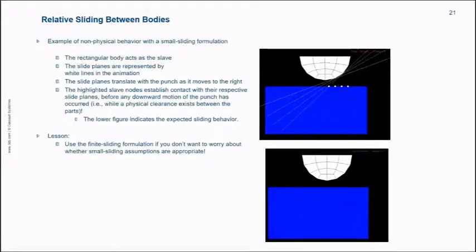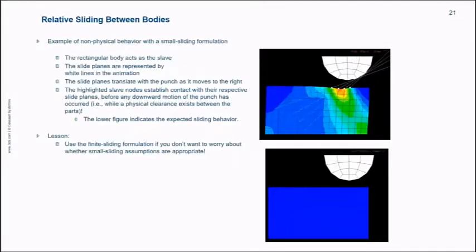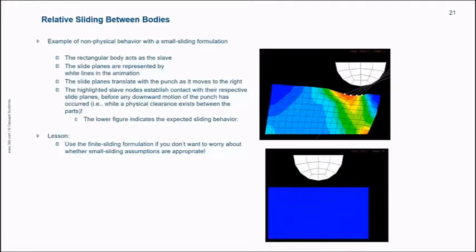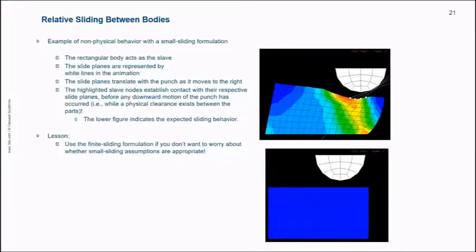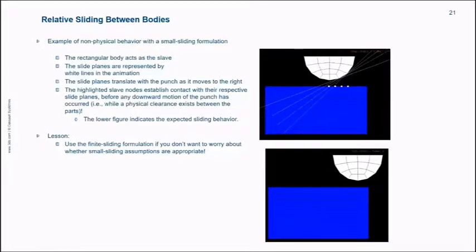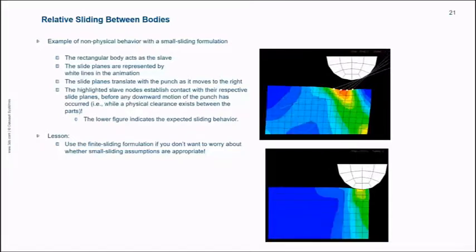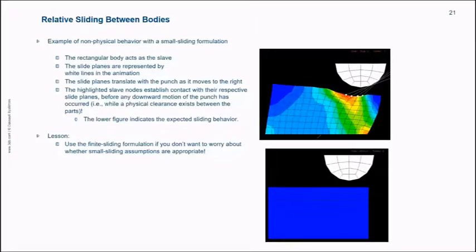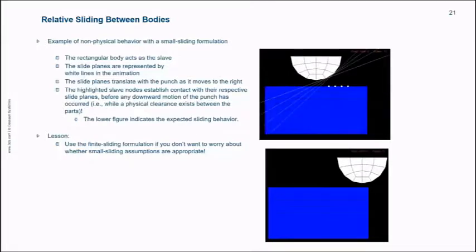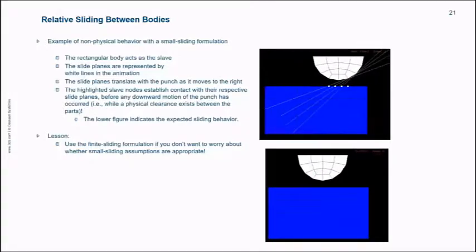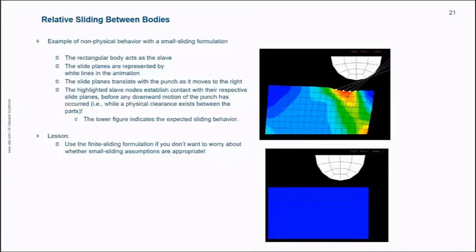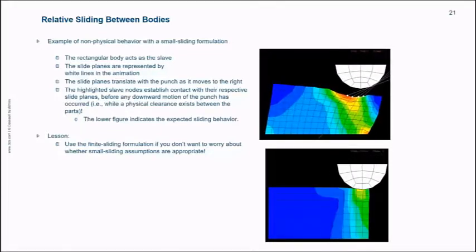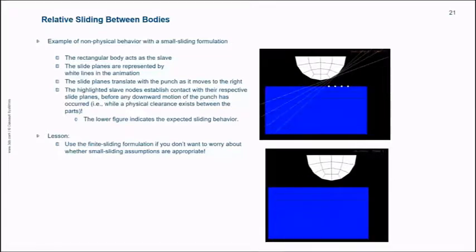All right. So a little bit on relative sliding. Some of you may have seen this animation before. The animation at the top shows you small sliding applied to a finite sliding application and the horribleness of that. These lines coming from the surface, if you can see those, represent the tangent plane approximation coming from small sliding. And even though the contact is being enforced exactly correctly according to the small sliding algorithm, it's not appropriate for this application and you get a bad solution.